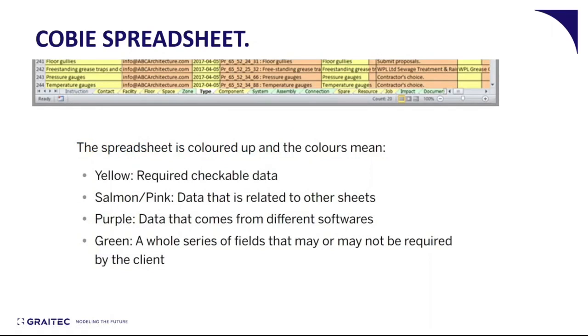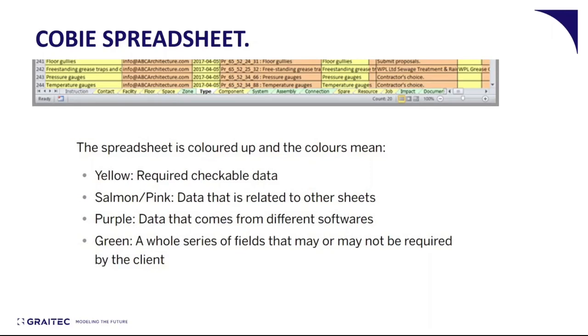To help us relate to that information, it's typically color-coded, and the colors have specific meanings. So typically, something that's yellow would be required information. Salmon and pink may be data that relates to other sheets. So it might be information that's already known on a different sheet within the spreadsheet, and then that's being populated elsewhere.